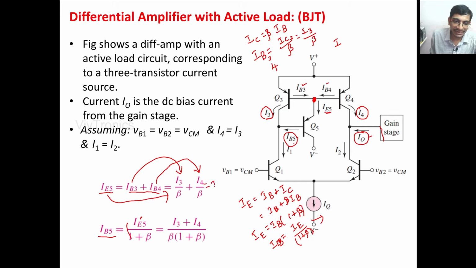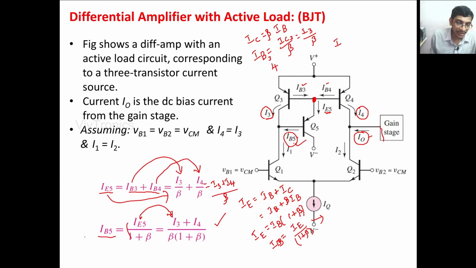Therefore, we can write this as I3 plus I4 divided by beta. So instead of IE5, I substitute (I3 plus I4) divided by beta. Therefore, IB5 is equal to (I3 plus I4) divided by beta, times 1 plus beta. That is the value of IB5.